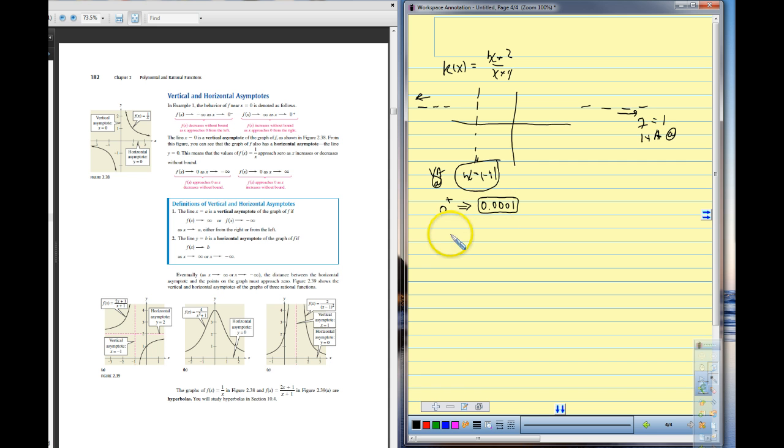Now if I write the notation 0 minus, what I'm talking about is a negative number, and it might be something so close to 0. I'm not concerned with how many zeros I have here. What I'm concerned with is that it's such a small number, but it's negative. So remember, 0 plus means a number just to the right of 0. 0 minus means a number just to the left of 0.